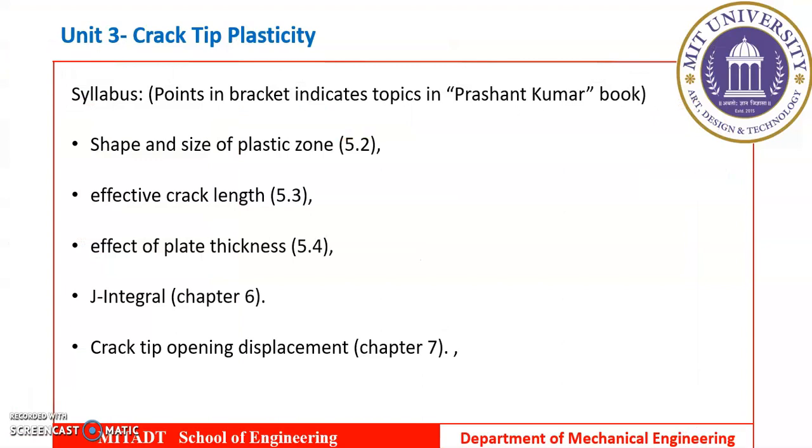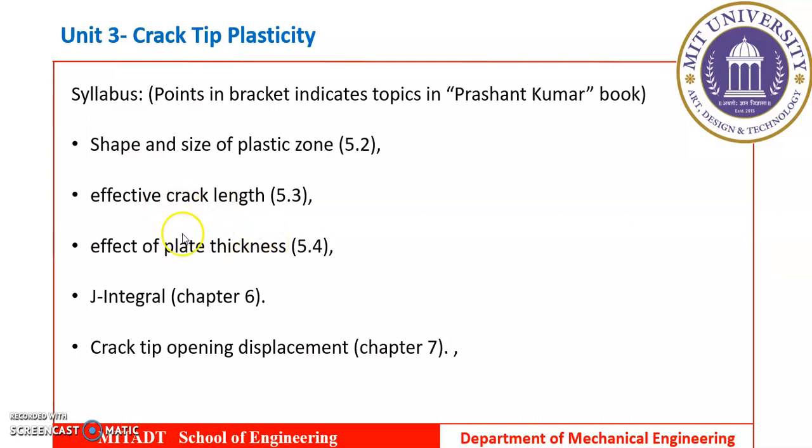Now this is the syllabus for the third unit. This unit is about the plasticity around the crack tip. So we should be able to see the shape and size of the plastic zone which is nearer to the crack. Now the crack length a, we have seen the expressions. The effective crack length is different than this, which we'll see.